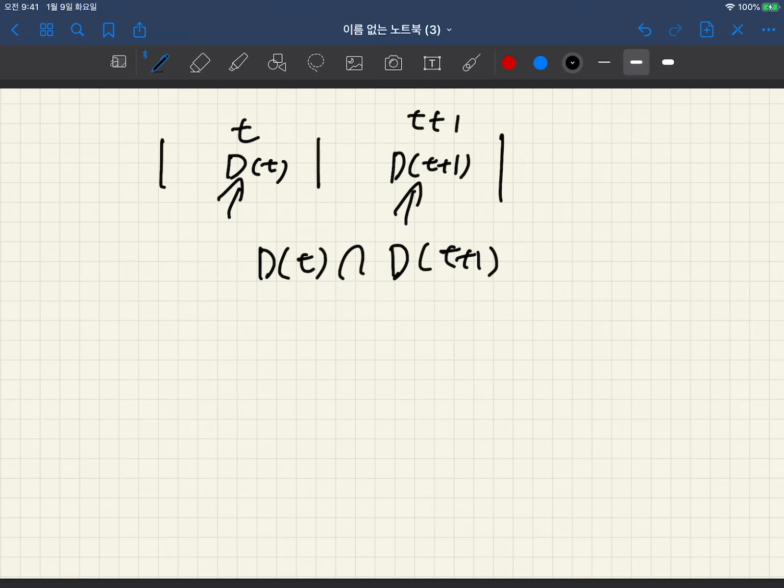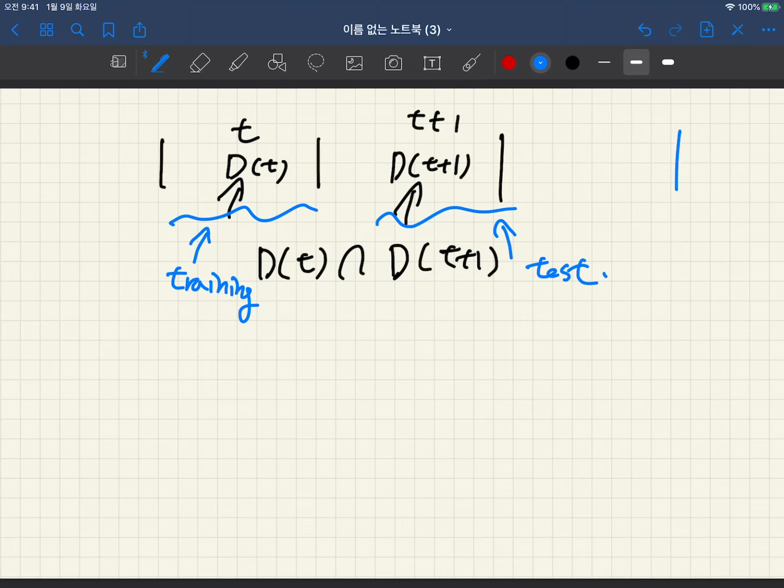This is kind of training. This is kind of test. The data point for t plus 1 is, again, training, and then the data point for t plus 2 is the test for the training of t plus 1.